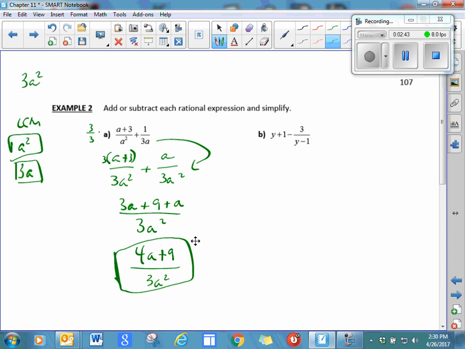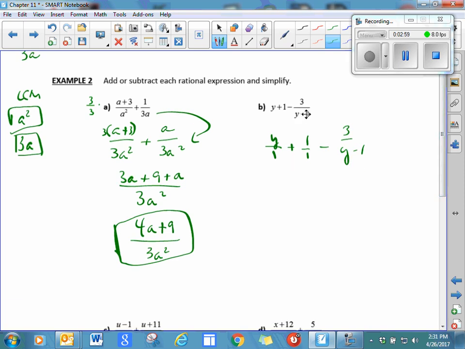Let's look at this next example. This one has got 3 fractions as well, and it's got denominators of the ghostly 1. So I'm just going to kind of rewrite this so you can see what I'm doing as we go along here. So the common denominator is prime factorization 1, 1, and y minus 1.